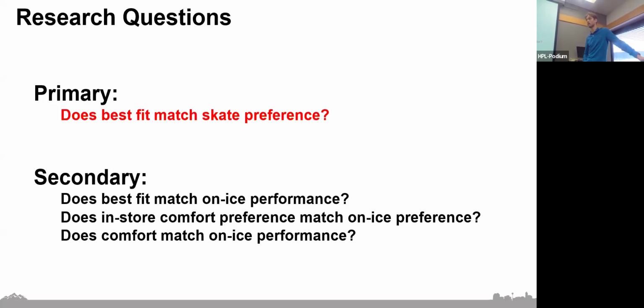Maybe fit at the toe is really well correlated with which skate they end up selecting, and fit at the ankle doesn't matter as much, or maybe it's the opposite. So I'm going to collect comfort overall, like how do you rate the comfort of that shoe? And I'm also going to collect comfort of specific regions of the foot, and maybe that'll help me pick up on patterns.